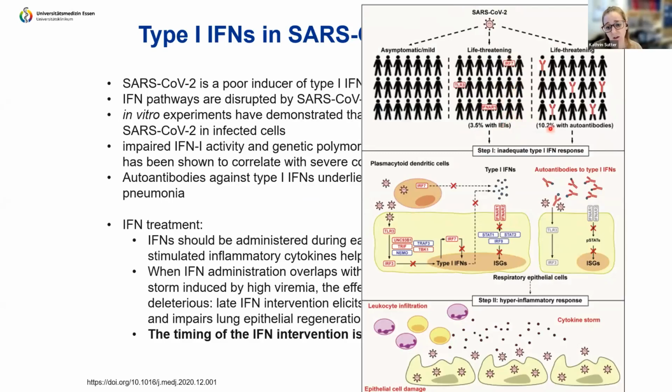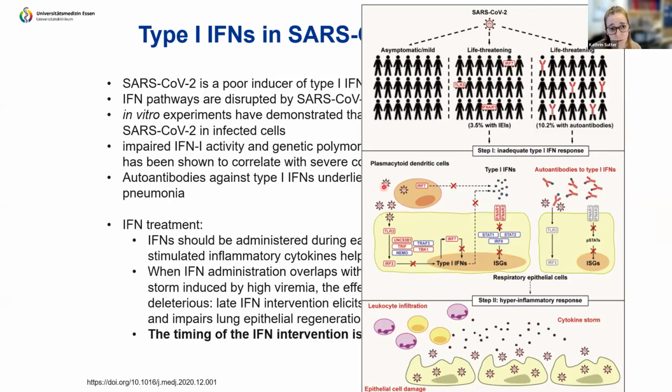There is a hypothesis that in severe COVID patients we have either patients with inborn errors of type 1 interferon, as shown here, so they have a polymorphism in genes important for interferon signaling, like IRF7, TLR3, or the receptor IFNAR1, or patients who express the autoantibodies. So this is really a huge part of these life-threatening diseases.